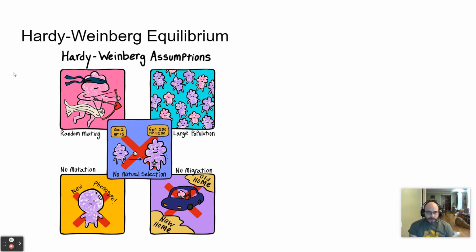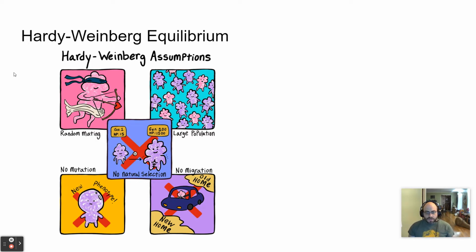Genes are not modified to the point where it allows for a phenotypic advantage, and there's no migration, meaning that there's no gene flow, no migration into or out of a population, causing the change in that population to be significant.